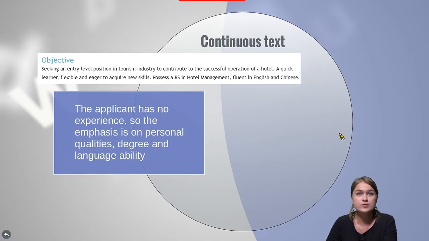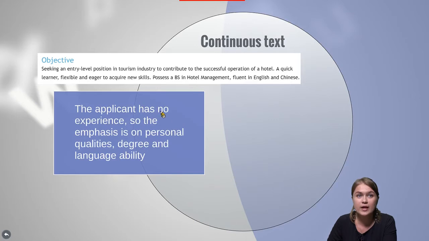Although I would prefer to have this kind of objective, the continuous text objective, here the person also doesn't have that much experience, but this person wants to focus on personal qualities and degree and language ability that will help this person to get a job in this industry.